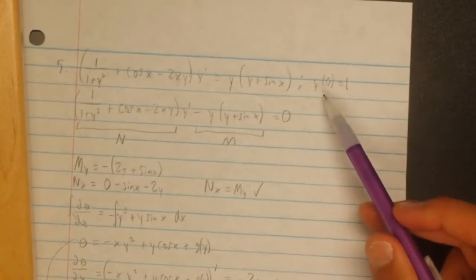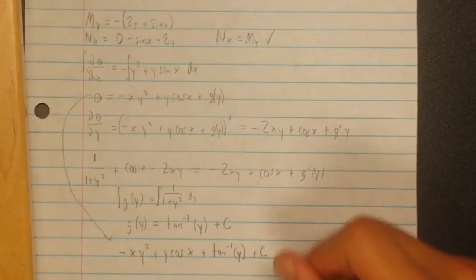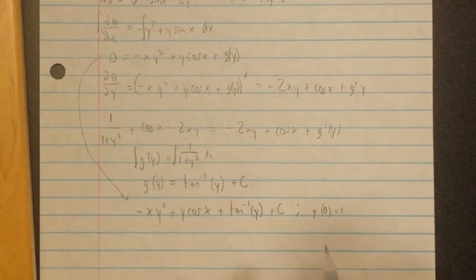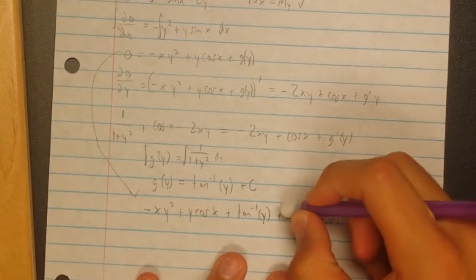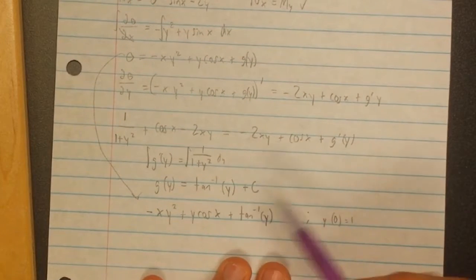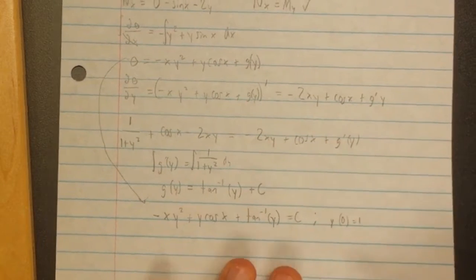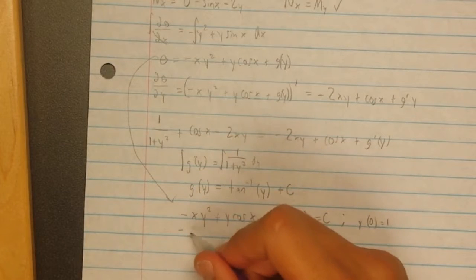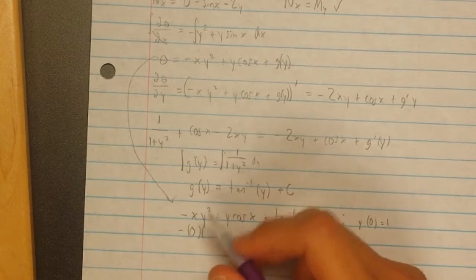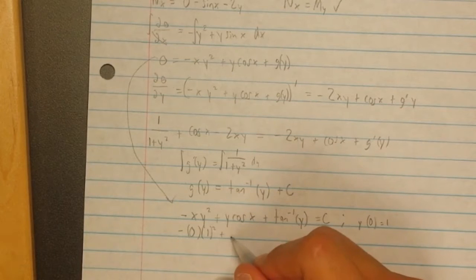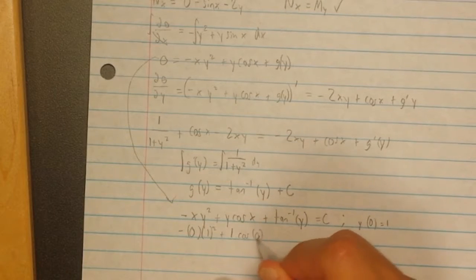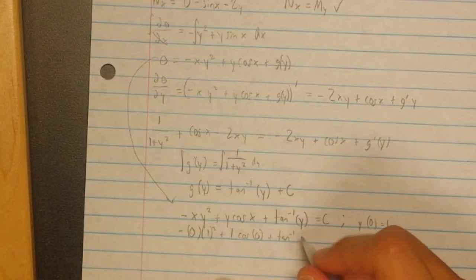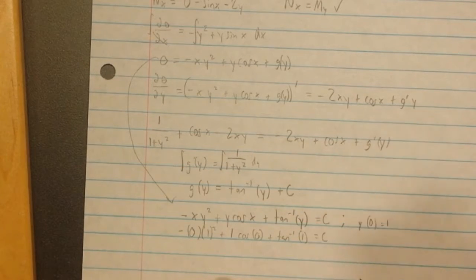And our initial condition is y of 0 equals 1, so we can solve for our c. Oh, sorry, this is supposed to be equal to c, because we'll set it equal to c. So using these initial conditions, it is negative 0 times 1 squared plus 1 times cosine of 0 plus inverse tangent of 1 equals c.